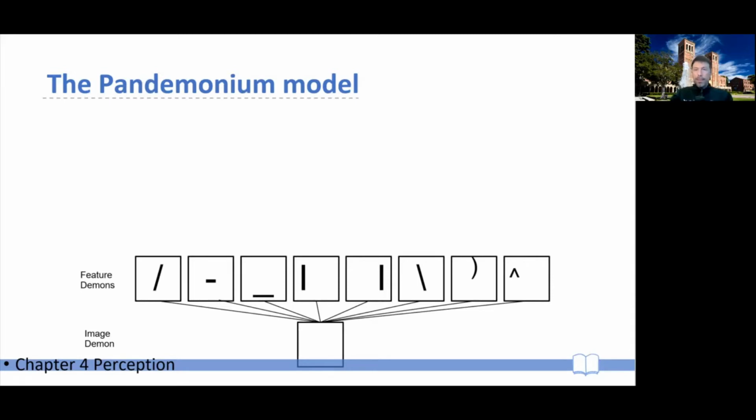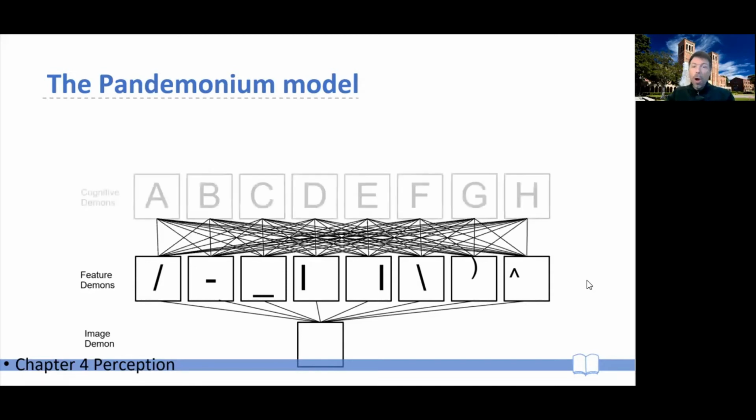And these might be a sample of the features that you use to decompose the incoming sensation into. And these are lines or edges or corners, those sort of two-dimensional features. And then these would talk to the next layer, which are cognitive daemons.